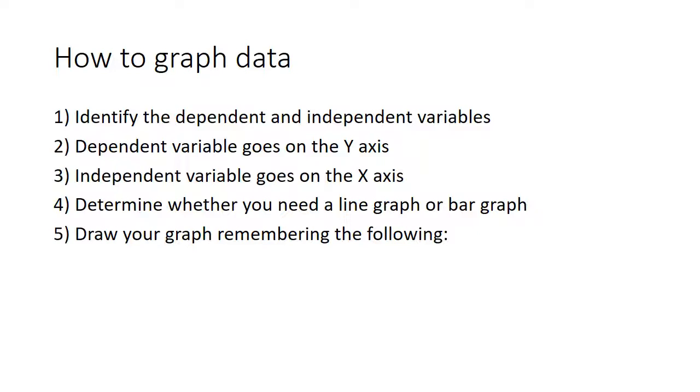Step 4 is then to determine whether you need a line graph or a bar graph. So we generally use bar graphs for most of the data that we are going to do in this course, except for any data where we show a change over time.